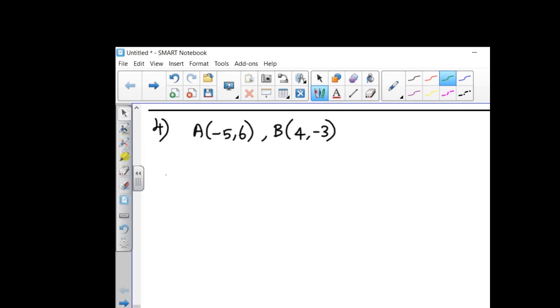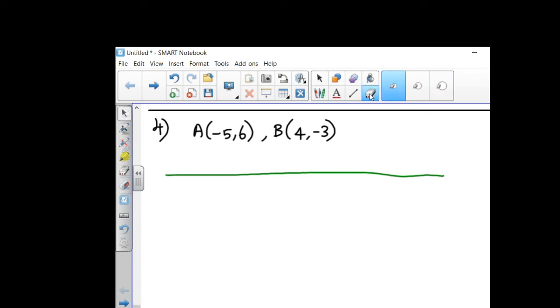So you can draw a line first. That is, this is A. Okay. Then this is B. Then P. Then Q. Okay.